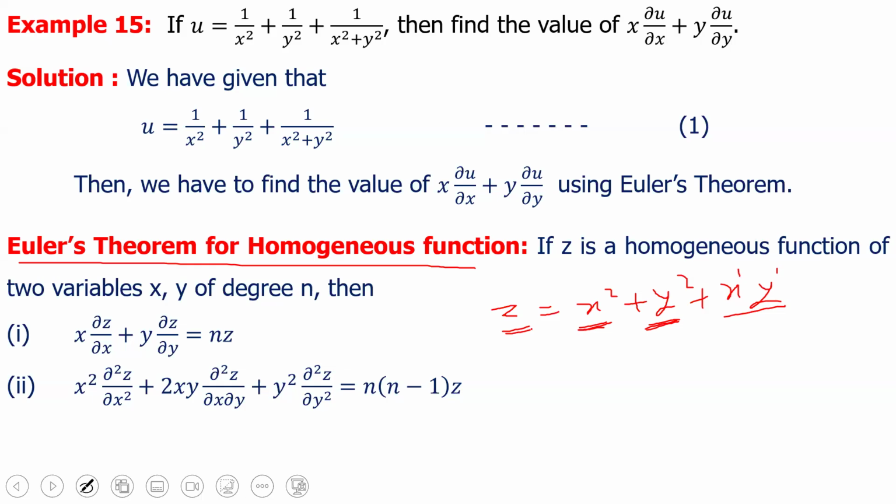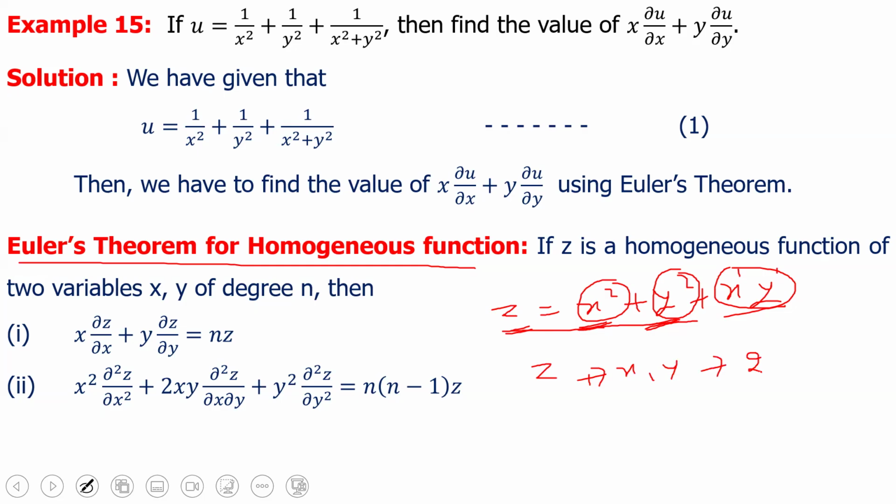Now, Euler's theorem states that if the function z is homogeneous, how do we find the degree? Clearly in each and every term the power of the variables is 2. So z is a homogeneous function of x and y of degree 2.